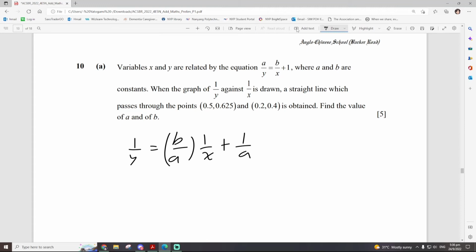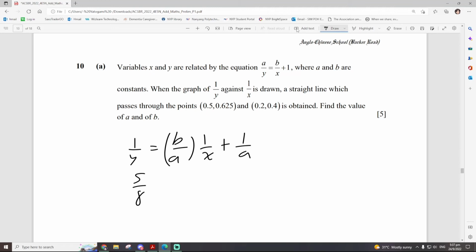Okay. So I'm given that 0.625, actually 0.625 is 5 over 8 exactly, so I'll write it in fractional form. We don't care about the actual values of x and y, we interpret it as 1 over y and 1 over x.